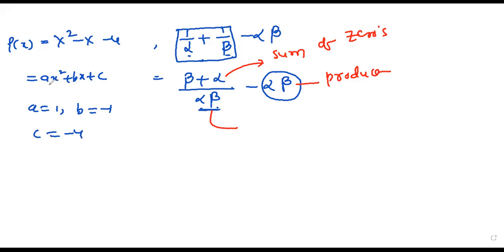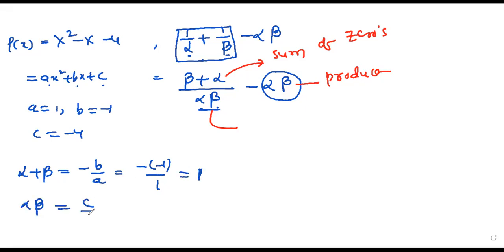The sum of zeros alpha plus beta, as per our formula, is minus b by a. Minus of minus 1 by 1, so the sum of zeros is 1, and alpha into beta is equal to c by a. What is c here? Minus 4. What is a? 1. So this is minus 4.